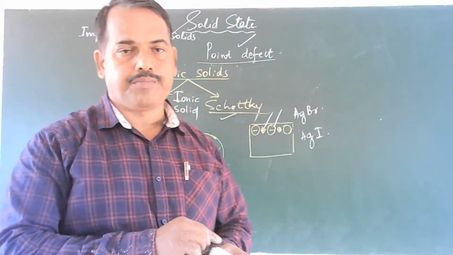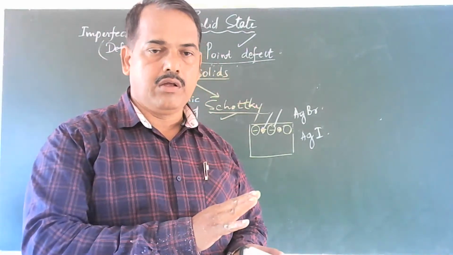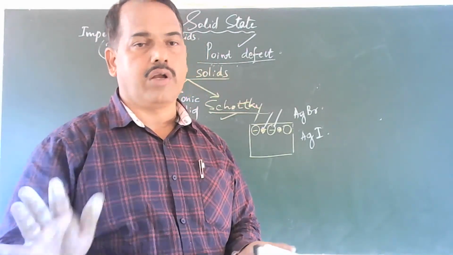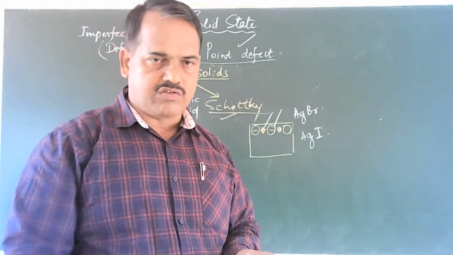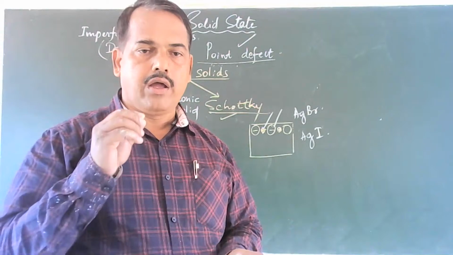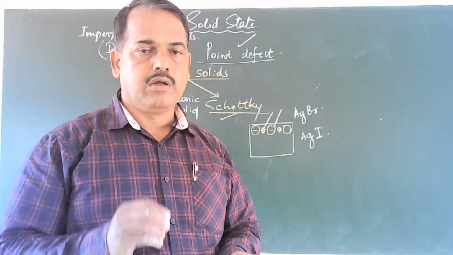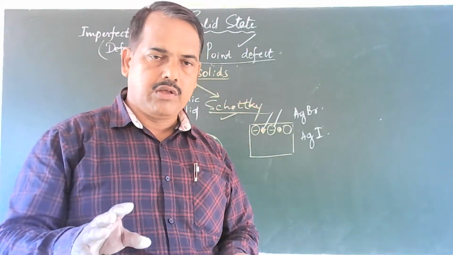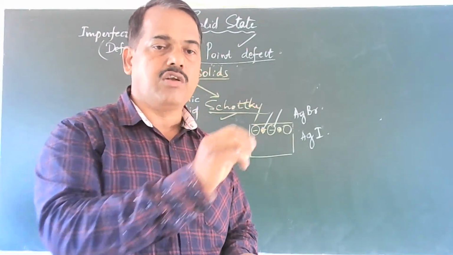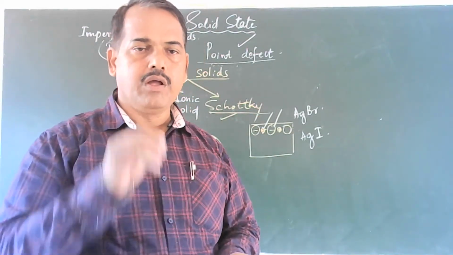So we can ask a 2 marks question: make the difference between Frenkel defect and Schottky defect. Both these defects arise in ionic solids. In Frenkel defect, the particle missed is present in the same lattice, so density remains the same.